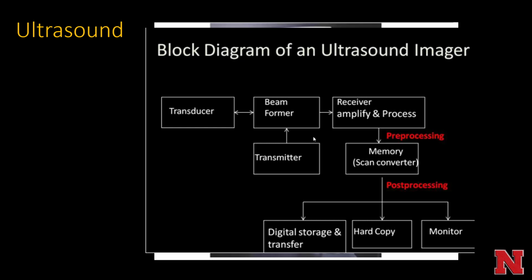The block diagram of what's actually inside this thing I think is useful to look at. You have a transducer, a transmitter, which is a beam former, and a receiver with amplifying and processing. So basically, the ultrasound transducer both sends the beam out and listens to it coming back.